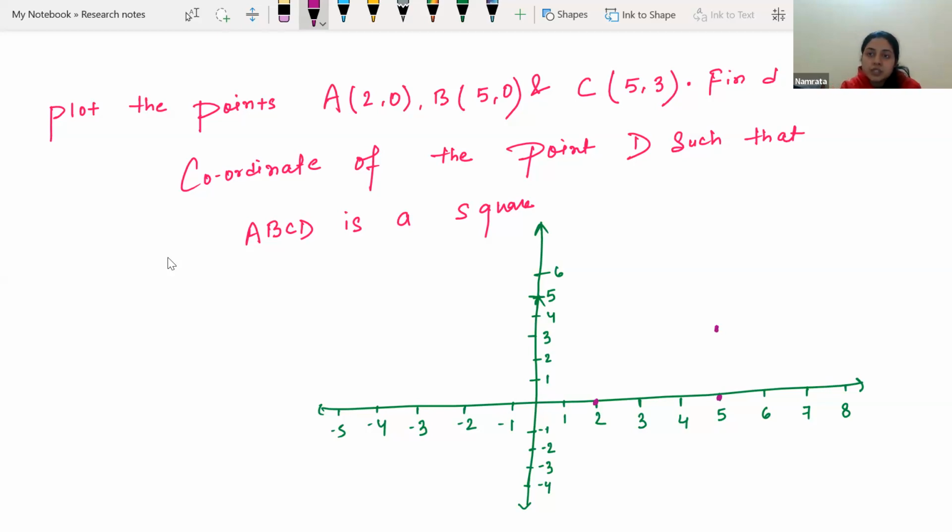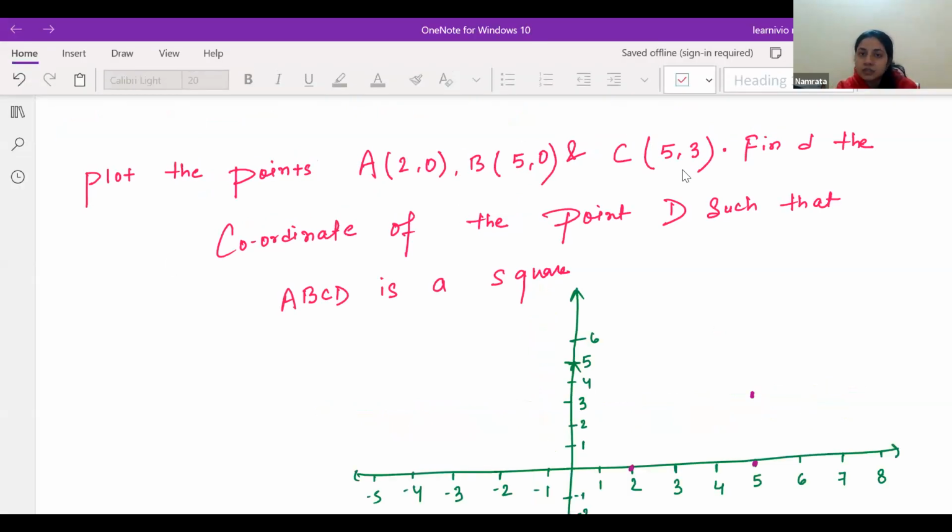Okay, are you done? Please unmute yourself and let me know your answer. What will be the coordinate of point D? Anyone who has done it, please tell me. You can also write your answer in the chat box if you want. 2, 3. Rest of the students, are you getting the same?